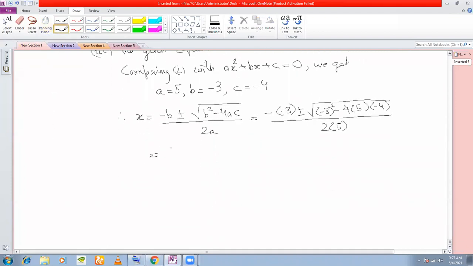Simplify this. 3 plus or minus square root of 9, again minus and minus sign combined to give you a plus sign, and you have 5 into 4 is 20, 20 into 4 is 80, divided by 10. So this is 3 plus or minus square root of 89 you're getting here.